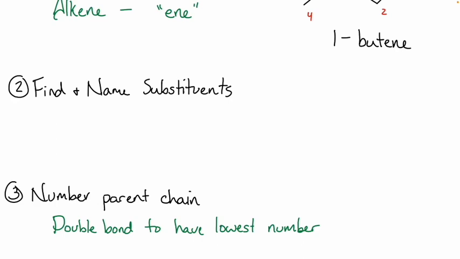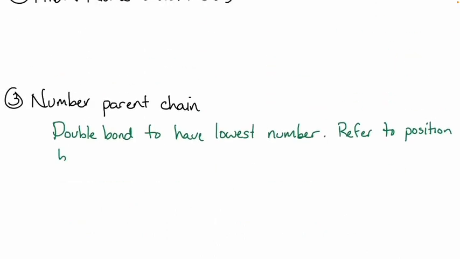So our double bond has the lowest number, and we refer to its position by the lower number carbon.